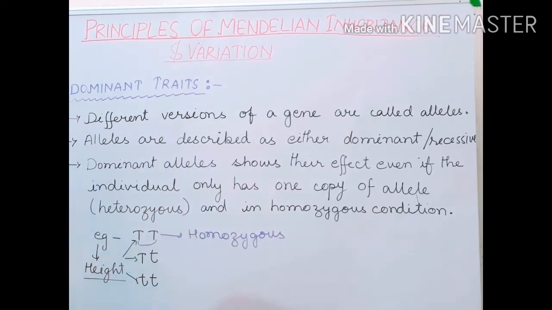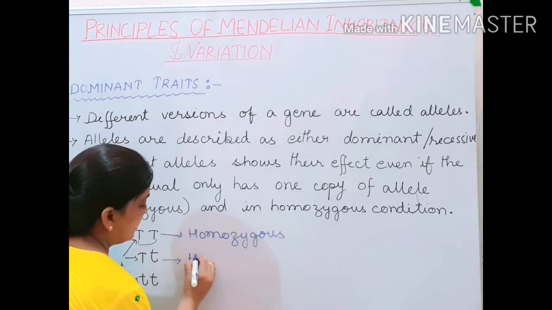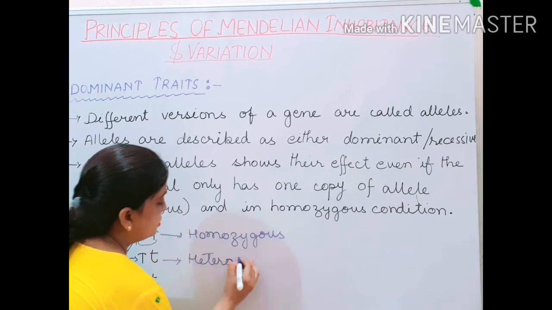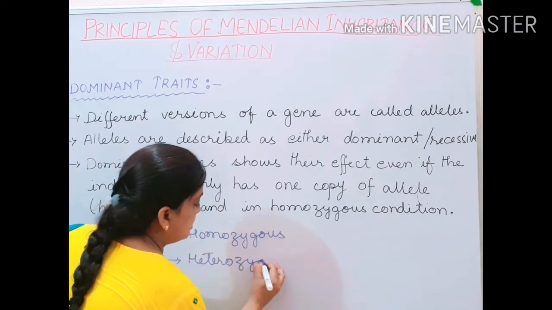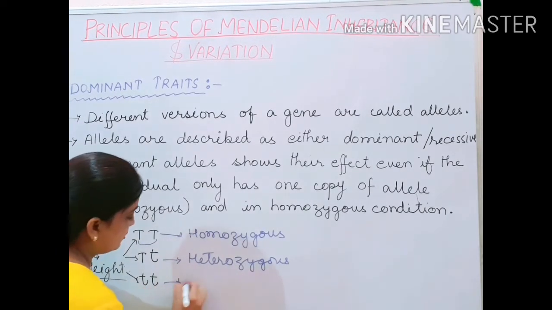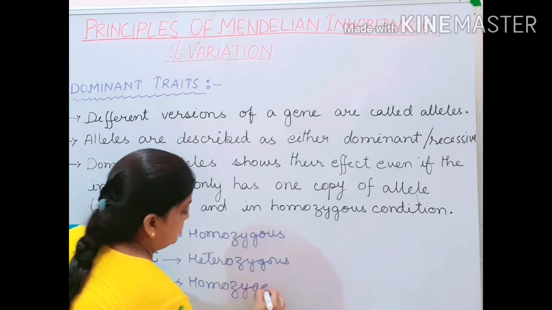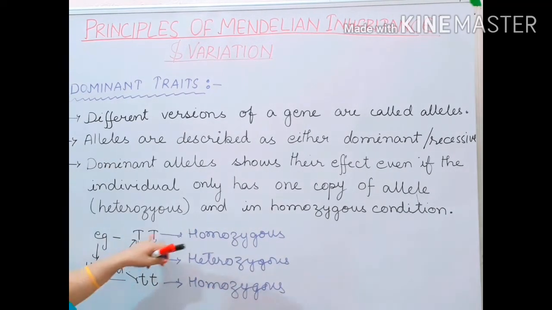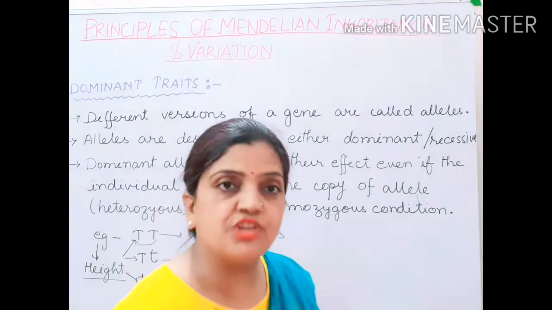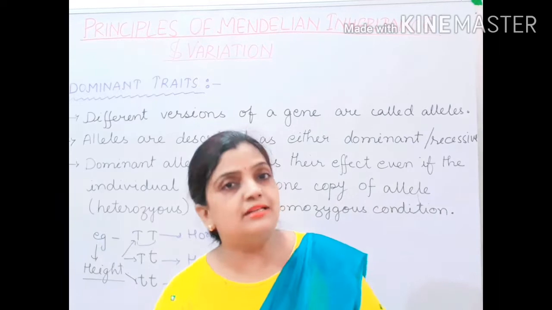If I talk about capital T and small t, this is which type, children? Yes, it is heterozygous. This is your heterozygous type of genes. And if I talk about small t and small t, this is, children, again homozygous.